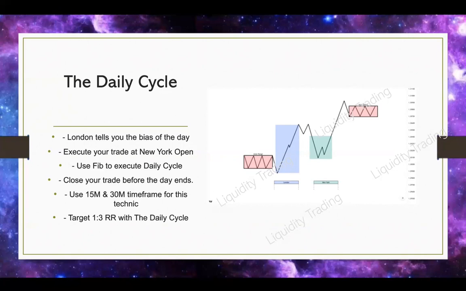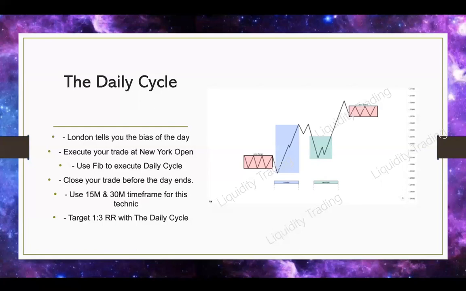It's not as important to think about other techniques. The fib level would already be giving you a good framework in your setup where your possible retracement and possible reversal would happen. Now, always close your trades at the end of the day when you're using the daily cycle.